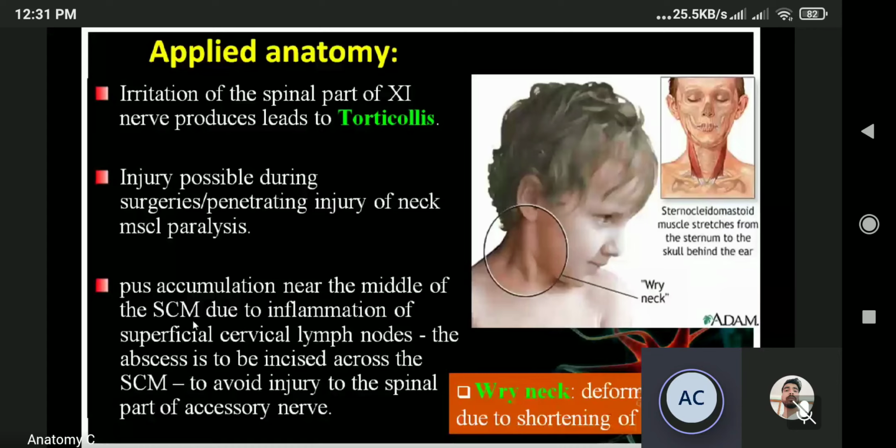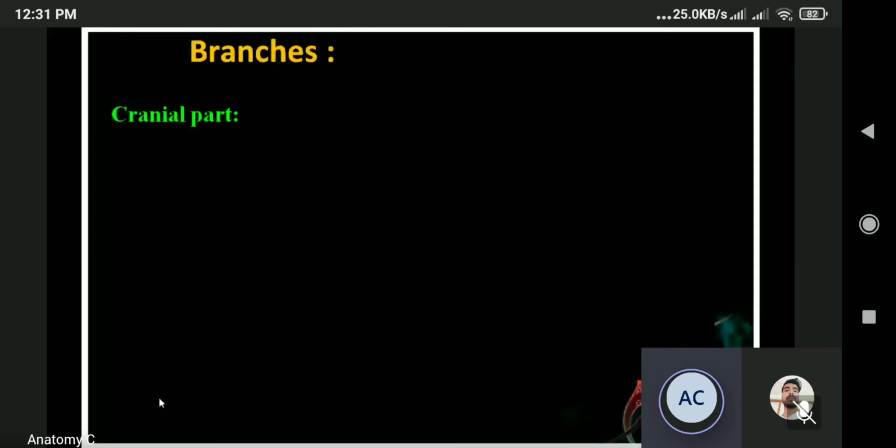Then you have to be very cautious in order to give the incision, because this accessory nerve is related to the posterior border of the sternocleidomastoid muscle.